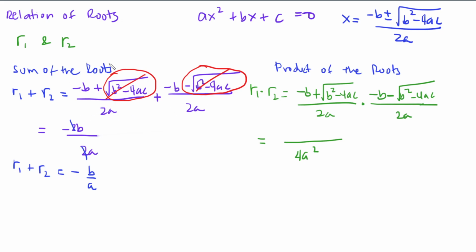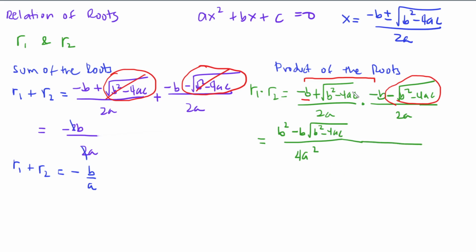Let's have the first term, negative b times negative b, that is positive b squared. Then the outside term, negative b times the square root, becomes negative b square root of b squared minus 4ac.